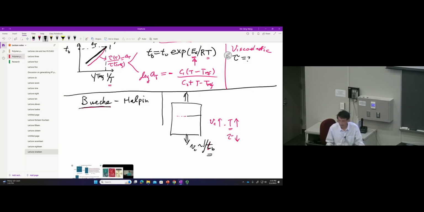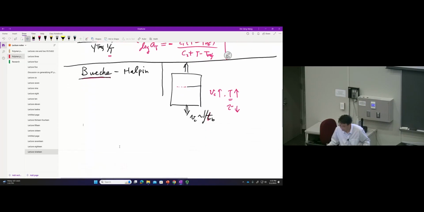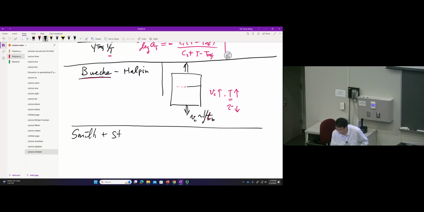I'm stuck. But the thing is, people have done all there is to do, and this is one of the most brilliant experiments. So it turns out Smith and his co-worker Stedry had a paper in 1960, and they did the most clever thing there is.